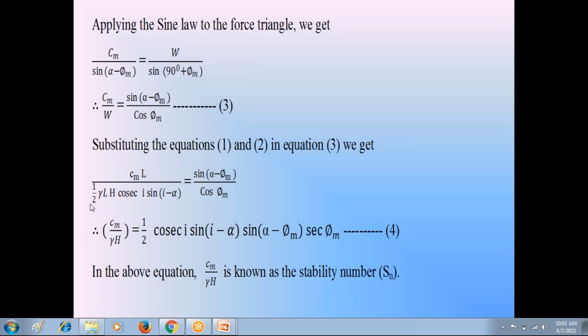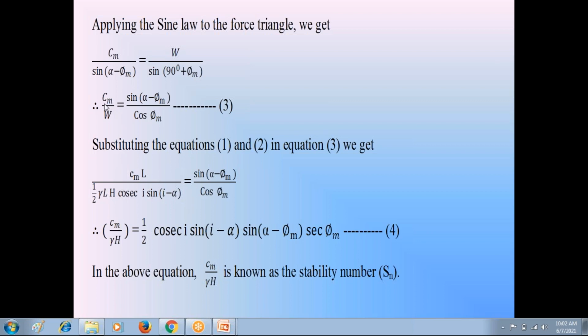Weight W is equal to half into gamma, the bulk unit weight, into L, the length of the surface AD, into H, into cosecant i, into sine i minus alpha.